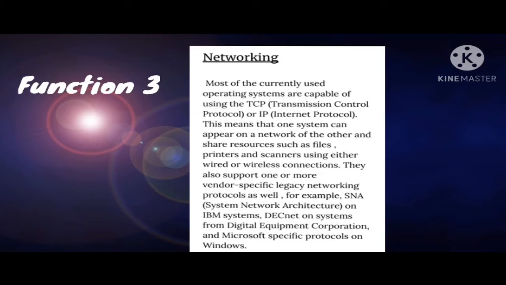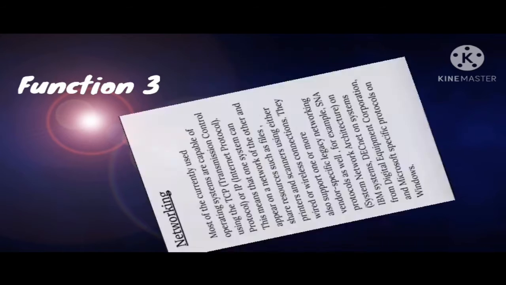They also support one or more vendor-specific legacy networking protocols as well. For example, SNA, Systems Network Architecture on IBM systems, DECnet on systems from Digital Equipment Corporation, and Microsoft-specific protocols on Windows.